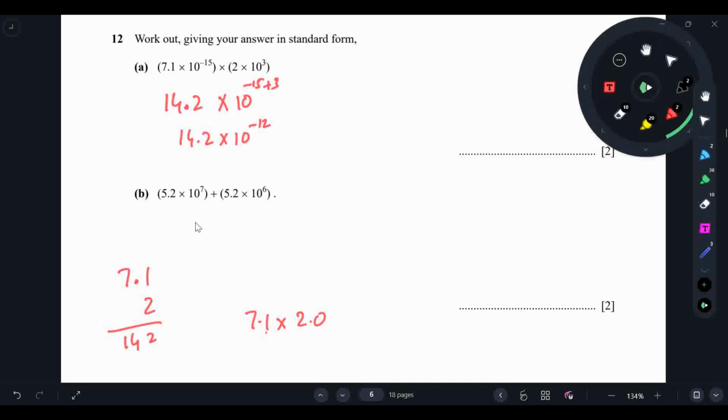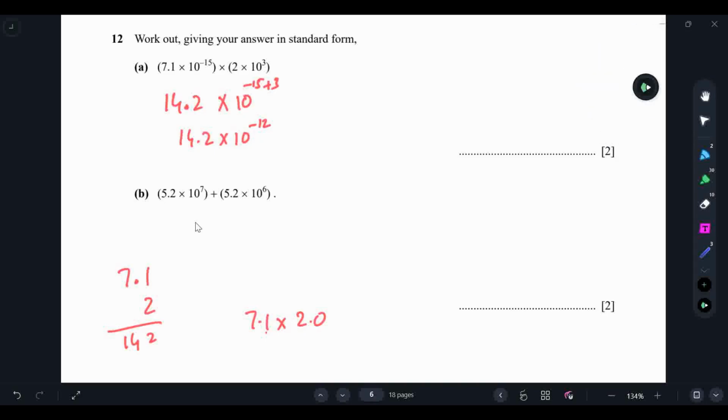Is this the final answer? No, it isn't, because they say to give your answer in standard form, and this one is not in standard form. For standard form, we just shift the decimal 1 unit towards the left side. So this will be equal to 1.42 multiplied by 10 raised to power minus 12.